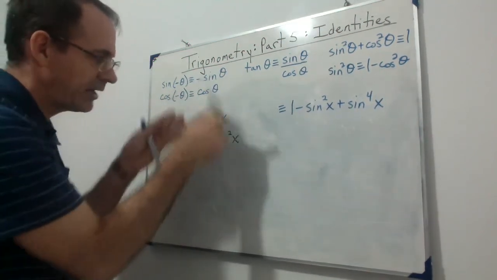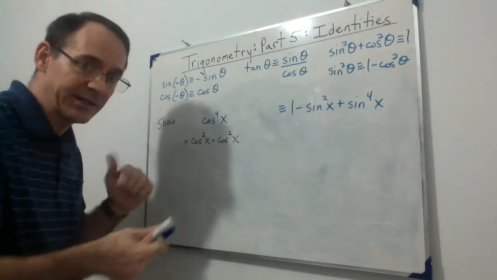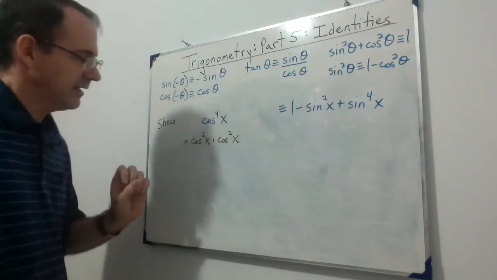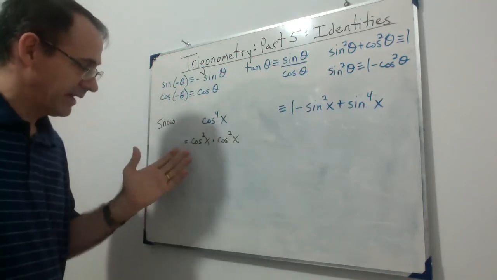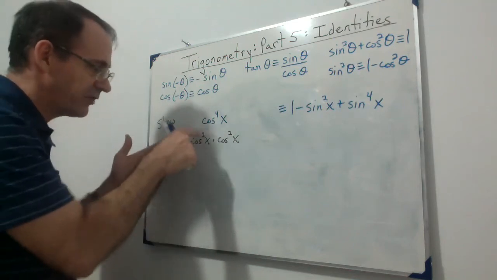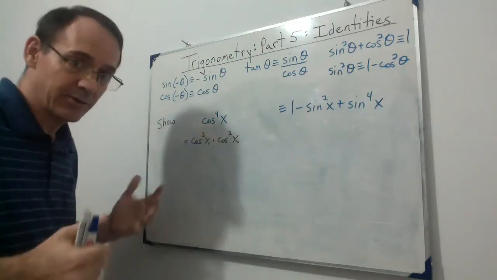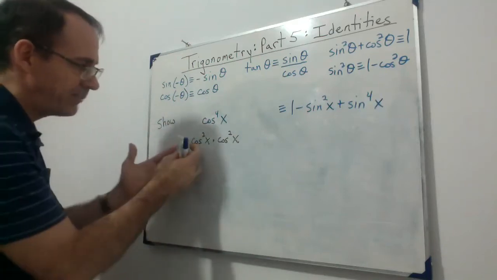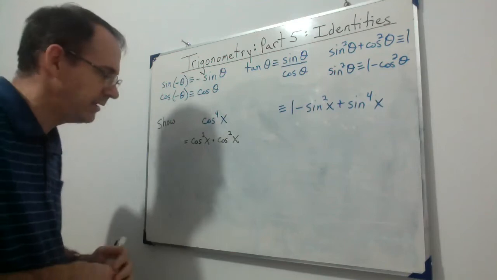So we just break it apart. Actually, it's kind of like factoring it into that. You could also have written it as cosine squared x squared. That would be the same thing, but I prefer to write it like a multiply.